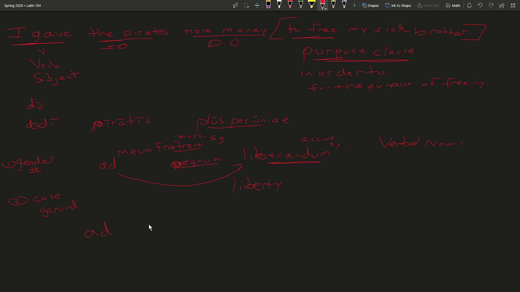So essentially in this example, it actually doesn't change at all because they both have the same case. So meum fratrem, and since this is the exact same thing in the masculine gender as in the neuter gender, it actually doesn't change at all.